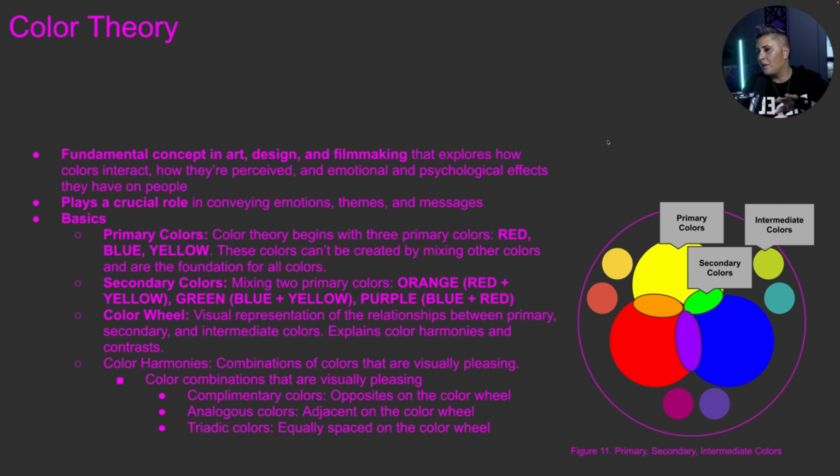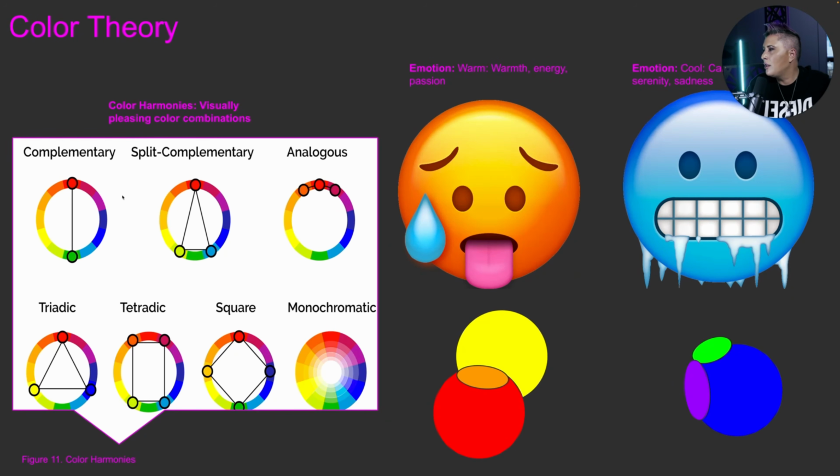Those include complementary colors, which are opposites on the color wheel. So if you look at the color harmonies right here, these are visually pleasing color combinations. Here you have complementary, directly opposite from each other on the color wheel. You have split complementary, which forms this triangle where green, blue, and red are combined together to create a very complementary and pleasing color combination.